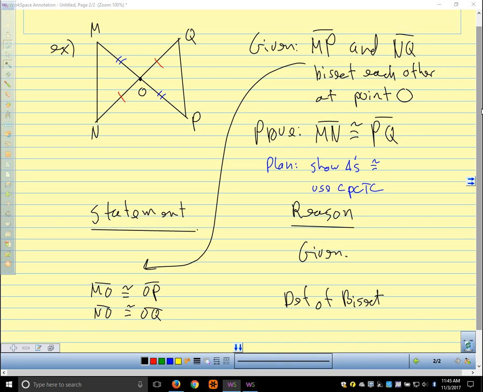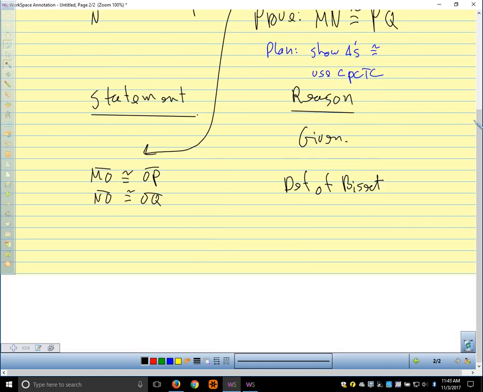All right, so we know we need 3 pieces of information to show that our triangles are congruent. What's our third piece of information that we can figure out there, based on the drawing that we have? Yeah? Angles MON and QOP are congruent. Yeah. These are congruent because they are what kind of angles?